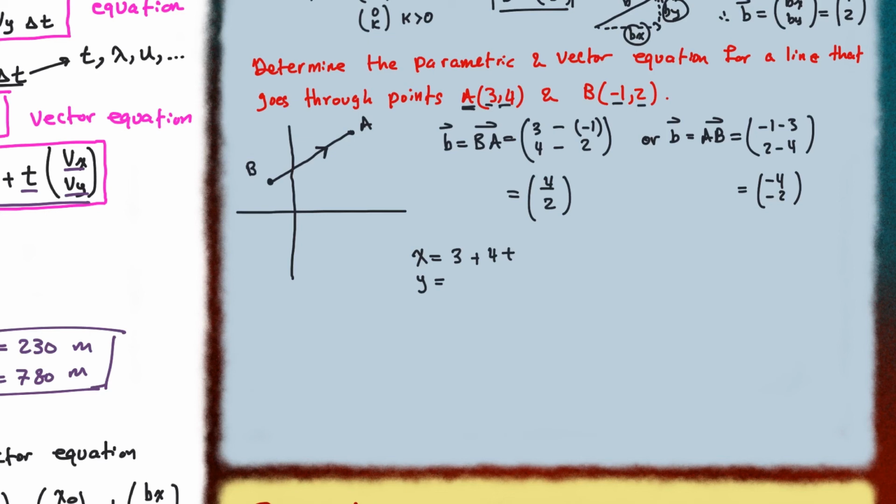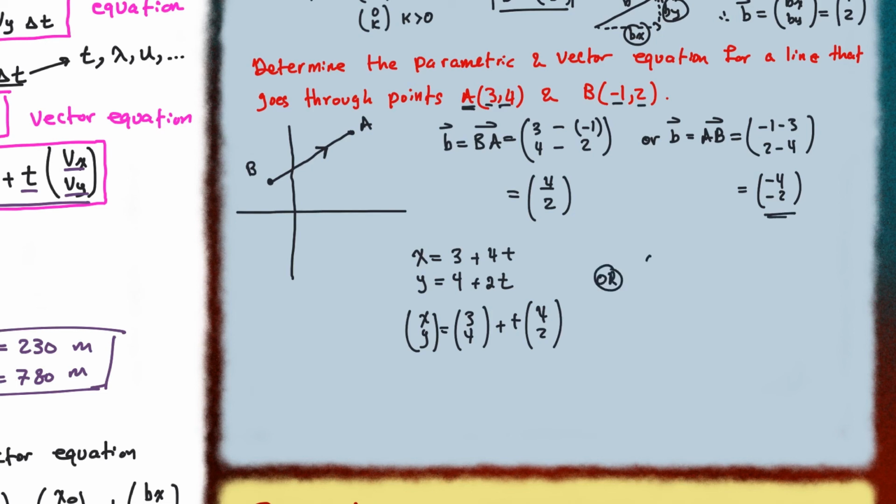And the y component is the same. The y component of point A, 4, plus 2, which is the y component of our direction vector, multiplied by t. Once we have all the variables, we can write the vector equation as xy is equal to 3, 4 plus t multiplied by the direction vector, which is 4, 2.